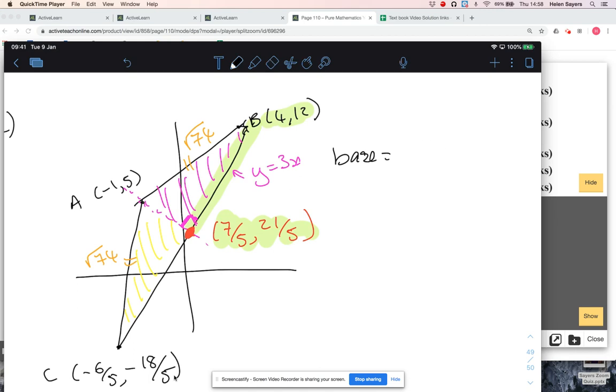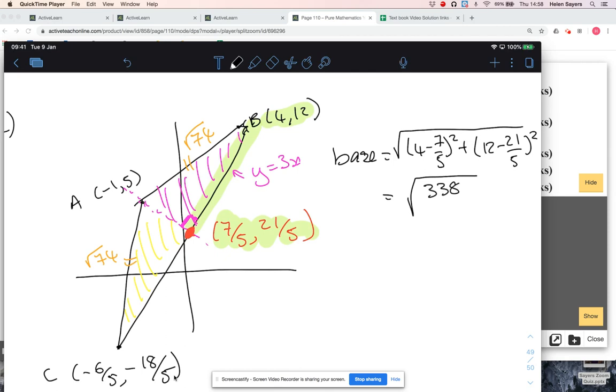Okay, so that's going to be the square root of (4 minus 7 over 5) squared plus (12 minus 21 over 5) squared. Let's get straight into my calculator. That's giving me, I'm not going to bother simplifying it, the square root of 338 all over 5, and that's all within the square root.